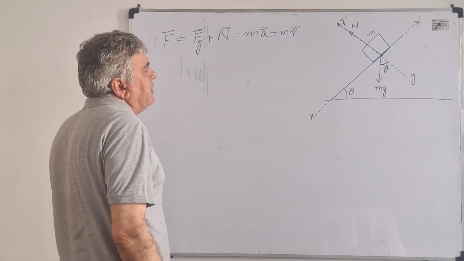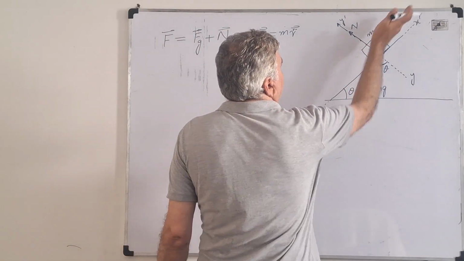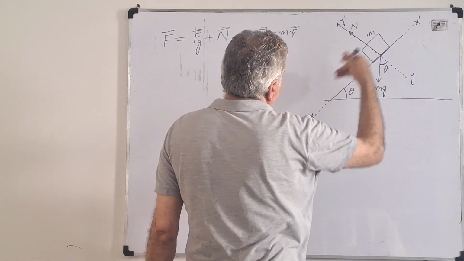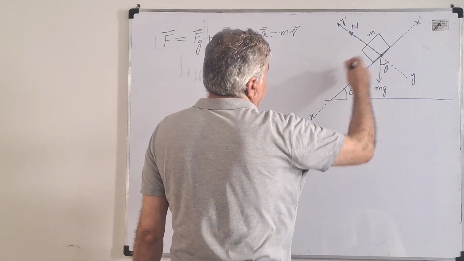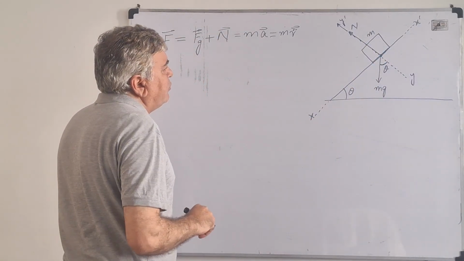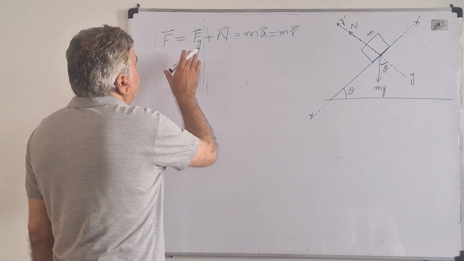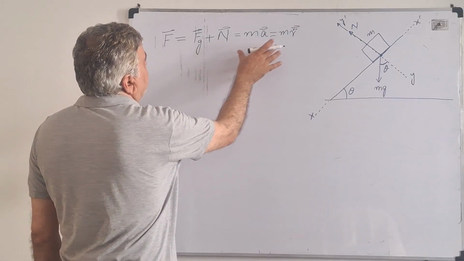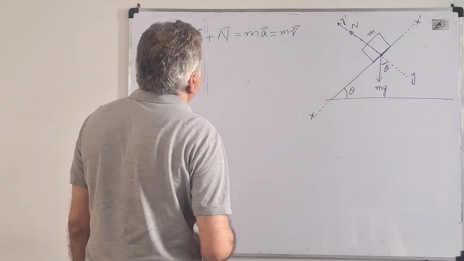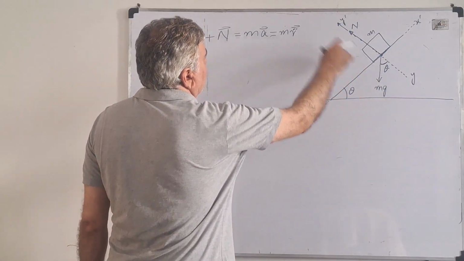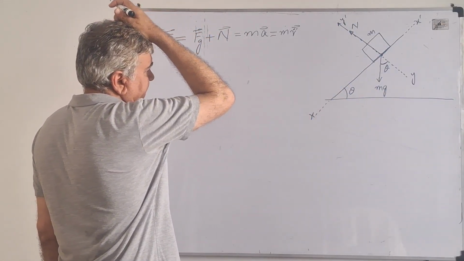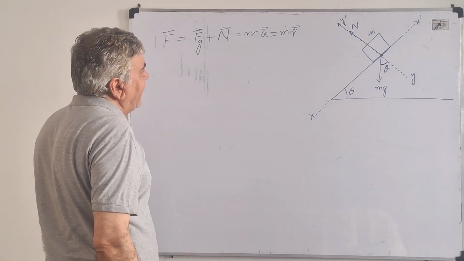Now obviously there is no force acting in the upward direction, therefore the block, if it is sliding, must be sliding down. So what we do, we can split this equation into two components, one along the x-axis and one along the y-axis, and I can construct two scalar equations.